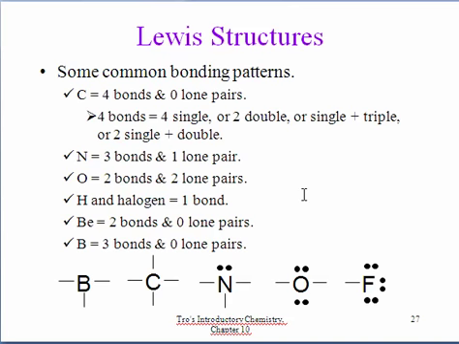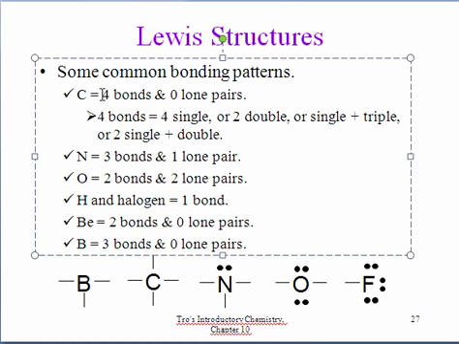Now, this slide here you'll want to remember and maybe come back to again and again or take notes on, because here are some common bonding patterns that are going to help you recognize whether your final answer makes sense or not. The element carbon in a molecule is always going to have 4 bonds, and no lone pairs, at least in this chemistry class.